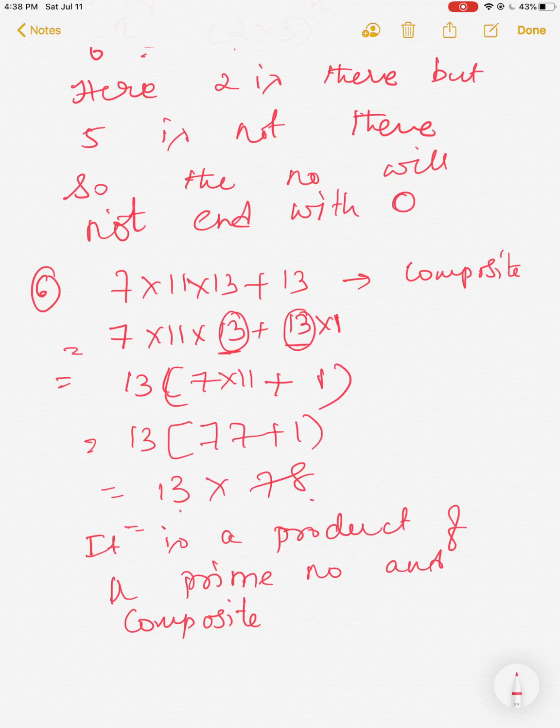Always the product of a prime number and a composite number is a composite number. Therefore, it is a composite number.